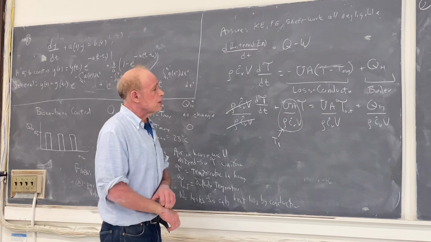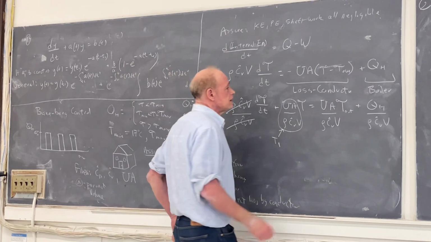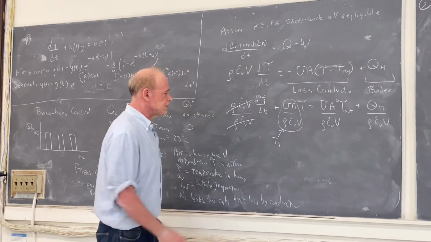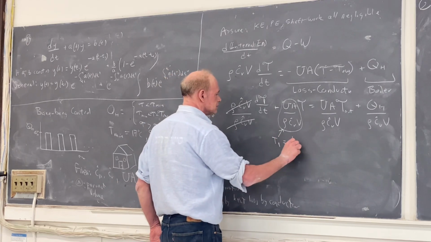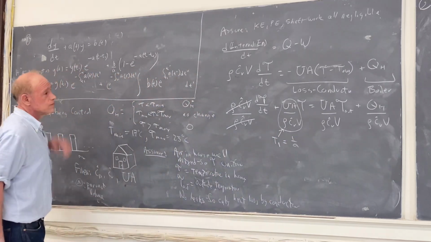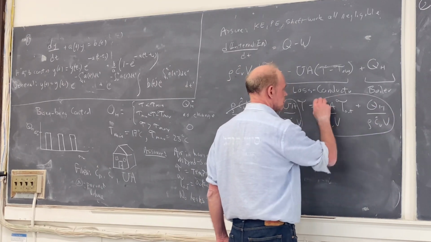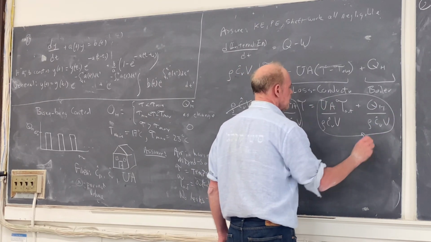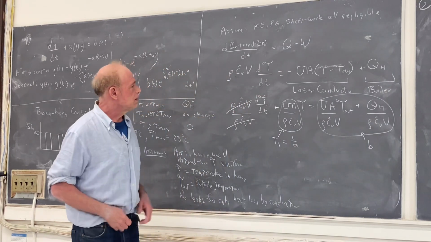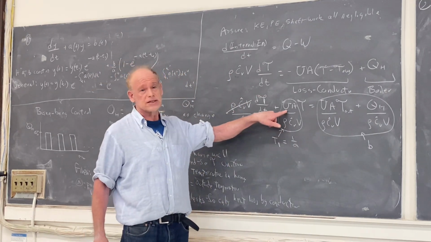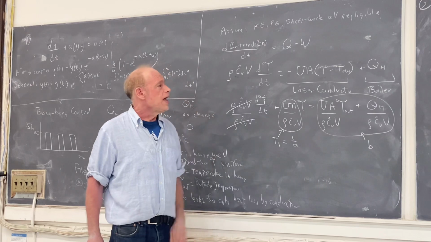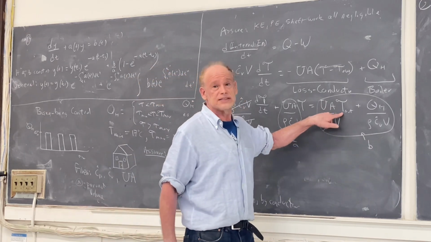This is my time constant T1, which we said is just 1 over A in this notation, and this thing is B. A is just a bunch of constants, and B has a bunch of constants too.